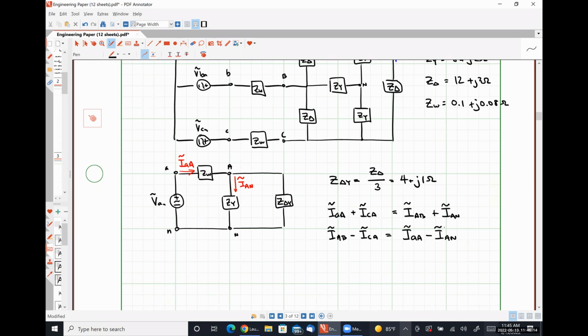And recognizing that ICA is the exact same thing as IAB, except shifted by negative 240 degrees.